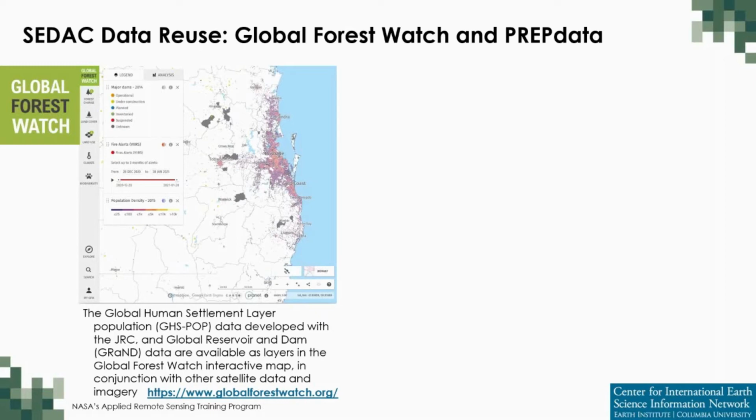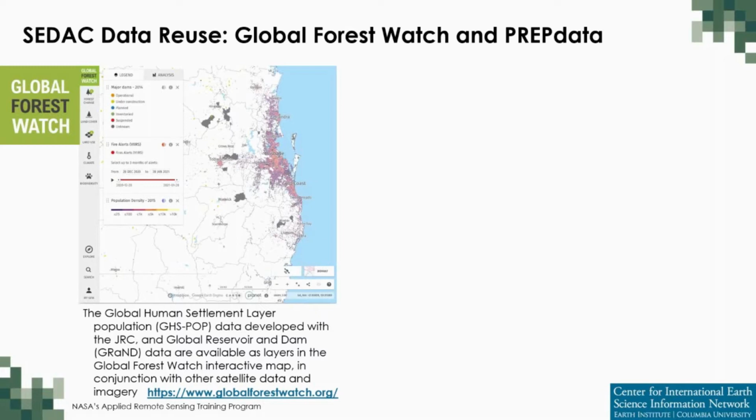Obviously, some of those have practical implications, but we also see gridded population data being used in essentially online decision support systems. So I think many of you may be familiar with the Global Forest Watch, which is available through Google Earth Engine and a number of collaborators.